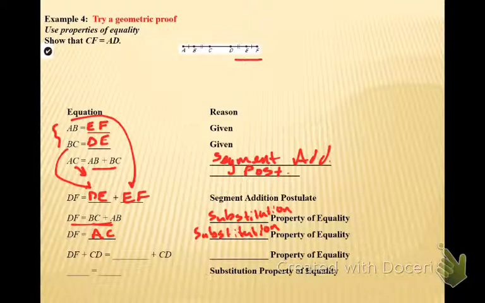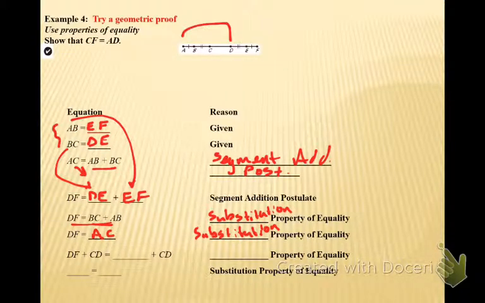Okay. So now I get this, DF equals AC. So right now I've got DF equals AC. Okay, well, I didn't realize that, so that's kind of some interesting information. But it's not what I want to prove.